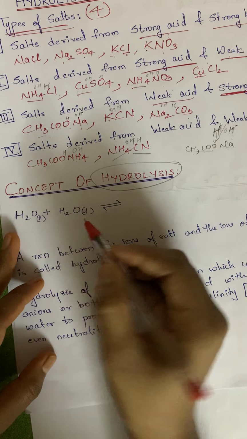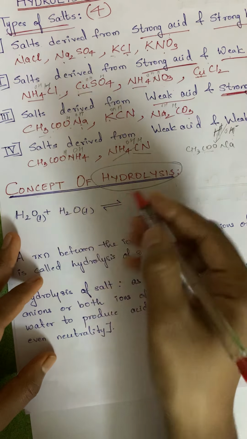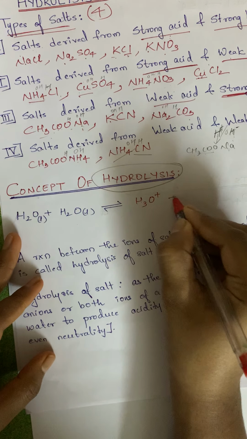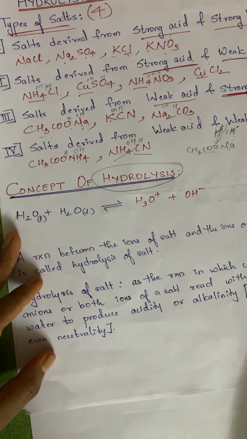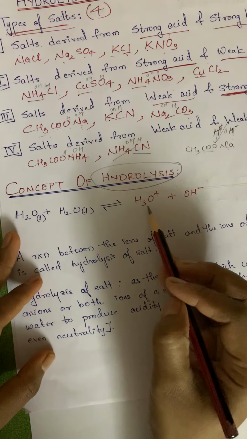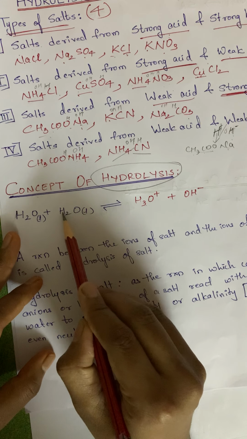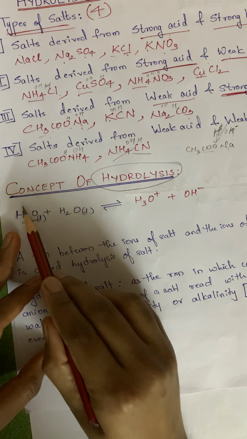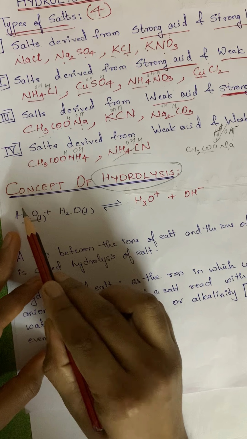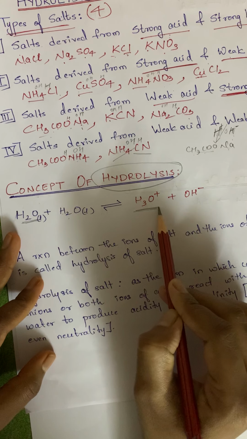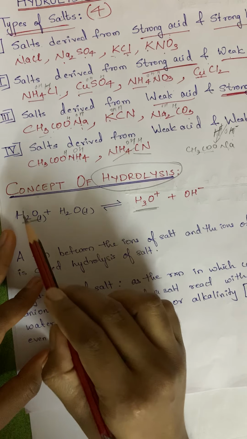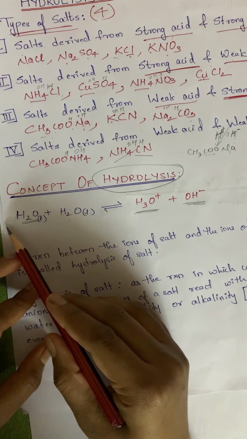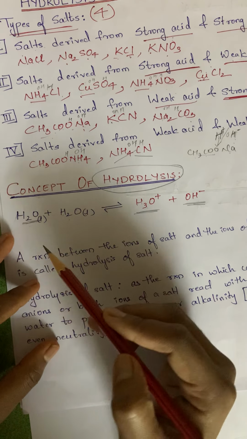Some of the molecules of water will dissociate into H3O plus and OH minus. How is it H3O plus and OH minus? If the H2O molecule dissociates as H plus and OH minus, another H2O takes H plus and becomes the hydronium ion, and what is left behind is OH minus. So by now you should be able to write such a reaction.